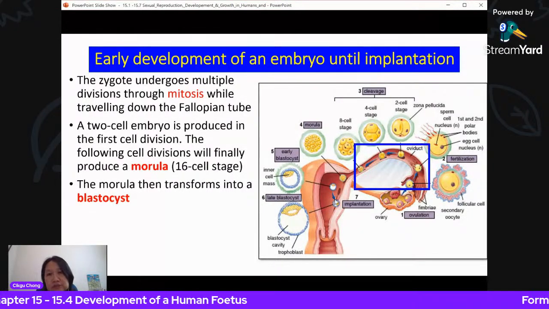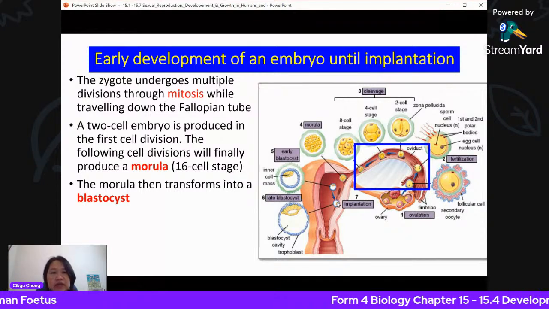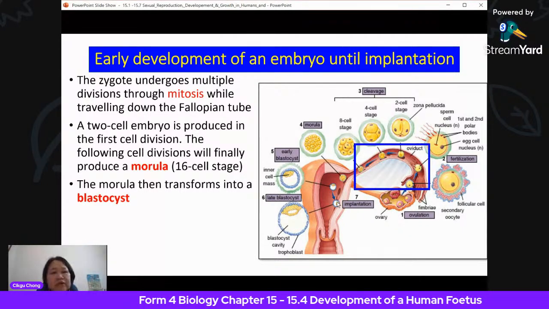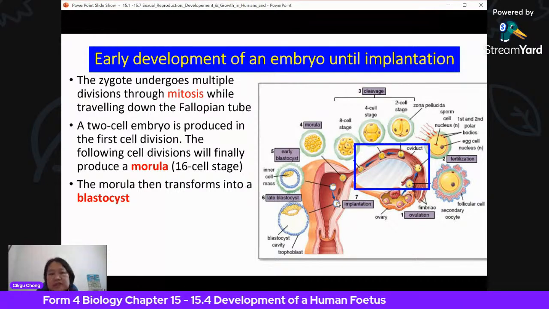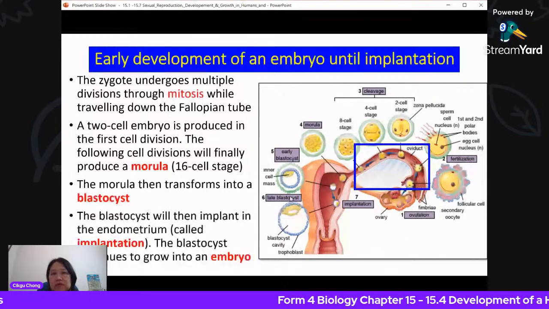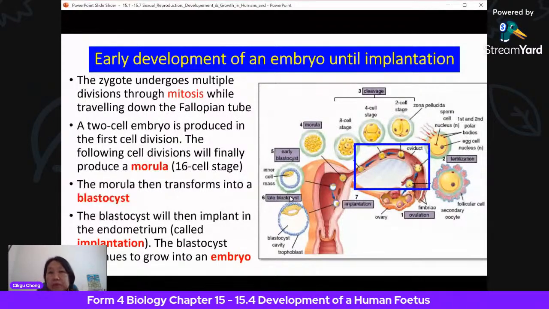This process is called implantation. The blastocyst will implant itself in the endometrium and continue to grow into an embryo. Specifically, the inner cell mass, because the cells have moved to one side already, is going to make the embryo.